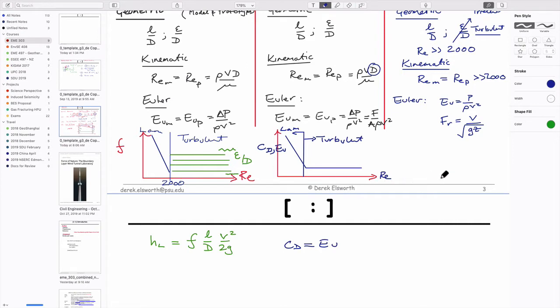And when we look at open channel flow, there is no such equivalent diagram, but what we would find is that if we defined a Manning number, which is again similar to an Euler number, as a function of Reynolds number, we'd end up with a whole bunch of lines that look like this for different kinds of channels.